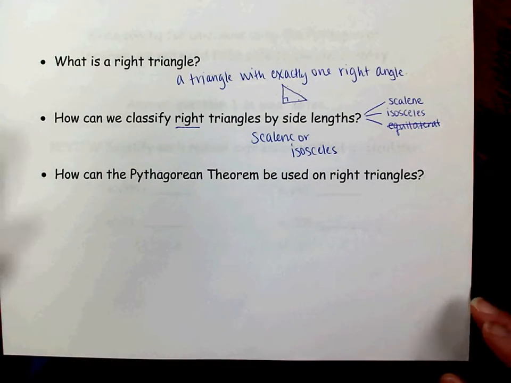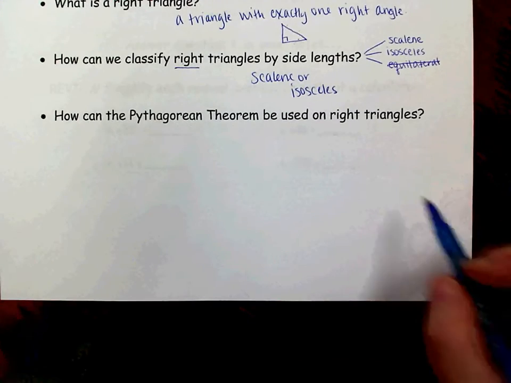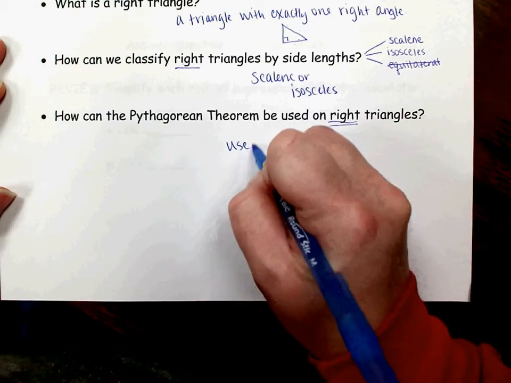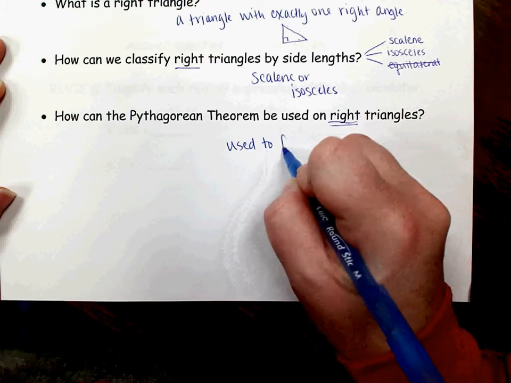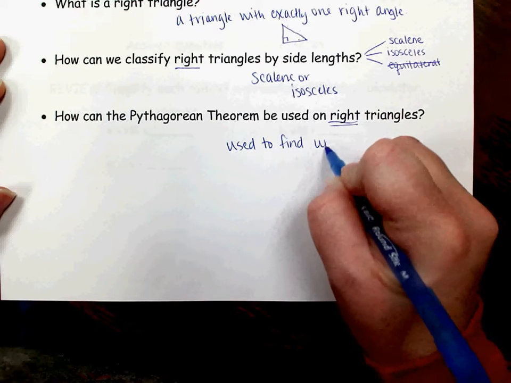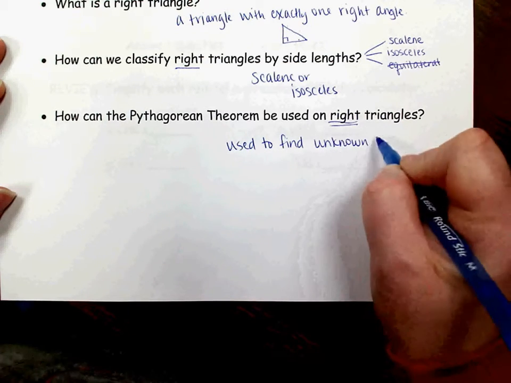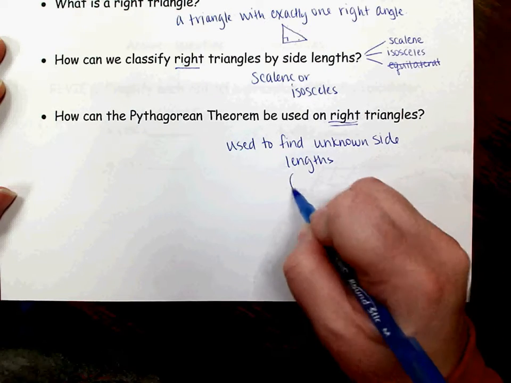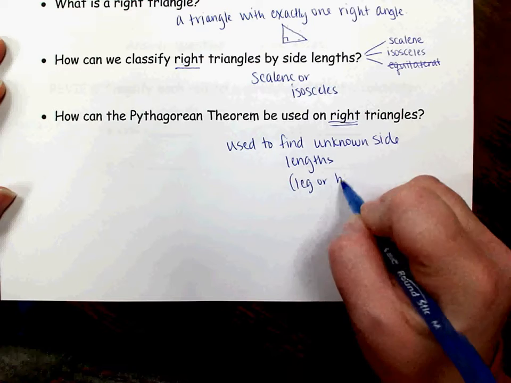So how can we use the Pythagorean Theorem? Well, remember, it can only be used on right triangles, and it is used to find unknown side lengths. It can be used to find a leg or the hypotenuse.